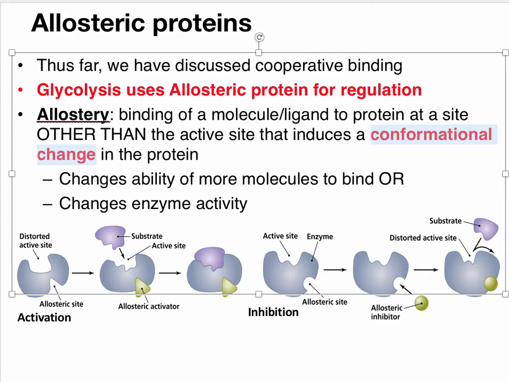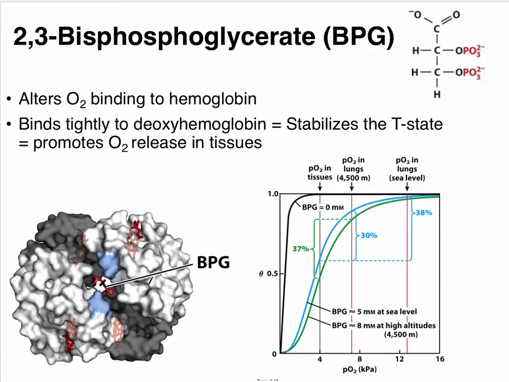So let's look at one other heterotropic modulator, 2,3-bisphosphoglycerate. This is the molecule here, 2,3-BPG. Again, we'll see this in glycolysis, but it actually plays a role in hemoglobin oxygen binding as well. So this is an additional heterotropic modulator that affects oxygen binding in hemoglobin.